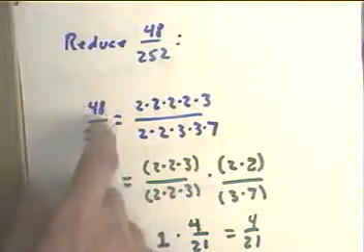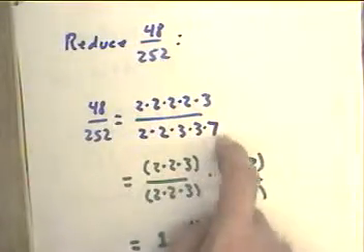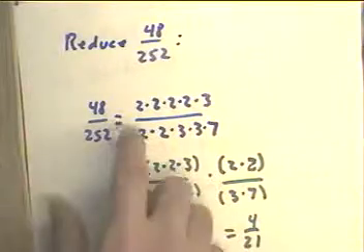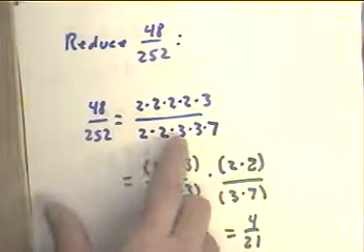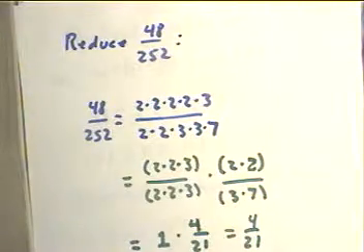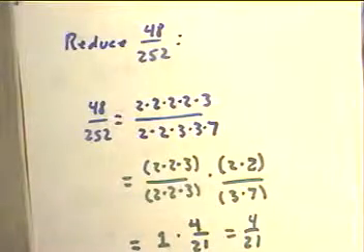Okay, well, if we write 48 and 252 as their prime factorizations, then we see that for 48 we've got 4 2's and a 3, and for 252 we've got 2 2's, 2 3's, and a 7. The most sensible way to reduce these numbers is to factor out anything that's in common between the numerator and denominator.